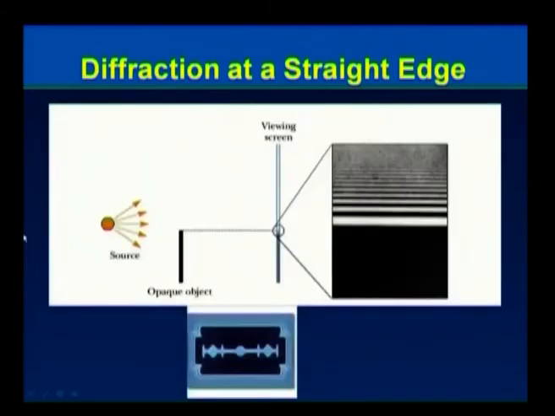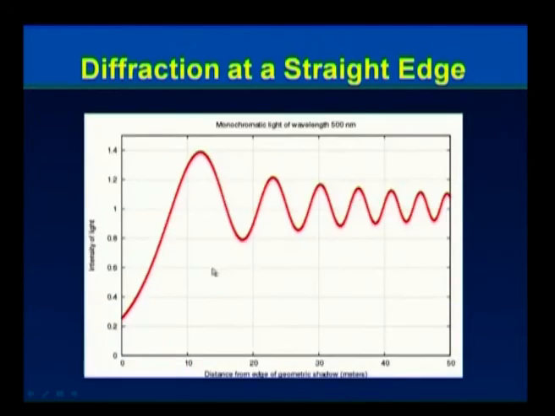Now, in this region the intensity is not uniform, very near the edge. In the older theories there should be uniform intensity, but here, inside the geometrical shadow as well as outside, the intensity of light as a function of distance from the edge of the geometric shadow varies like this, and it falls off.